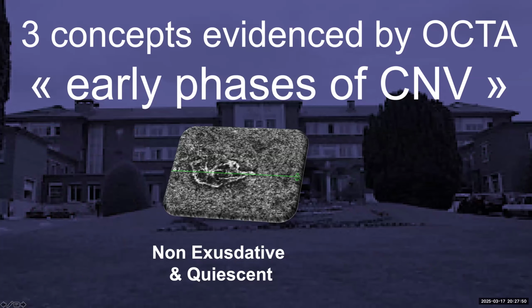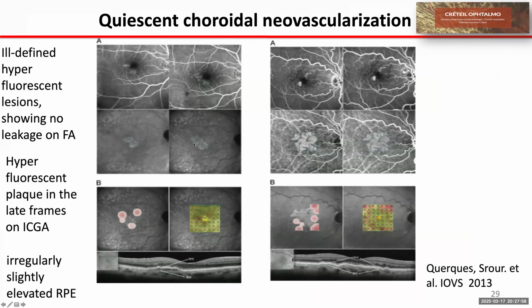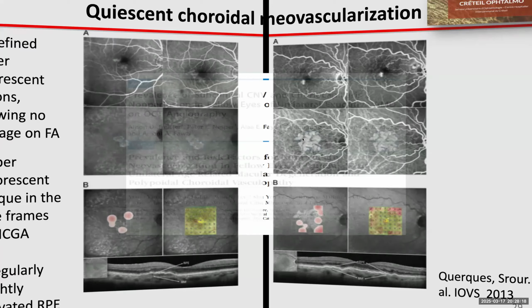And finally, the third concept is the non-exudative and quiescent lesion. We published that at the beginning with the ICG imaging. We observed some hypercyanescent lesion, no leakage on FA, hypercyanescent plaque, and this kind of quiescent lesion didn't move. There is no change with time.